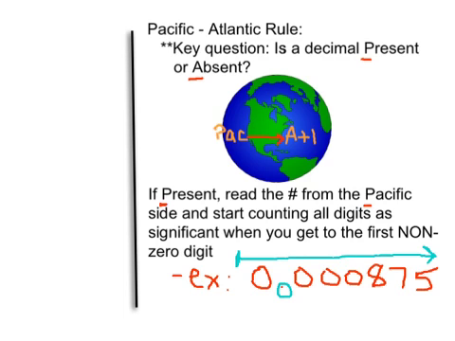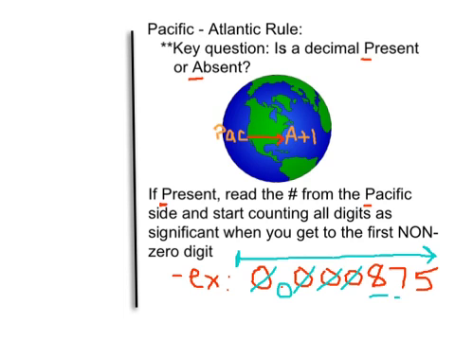So this first one is a 0, doesn't count. Next digit, 0, doesn't count. Next digit, 0, doesn't count. Next digit, 0, doesn't count. Next digit, 8, this counts. Once we start counting, we don't stop till we get to the end.